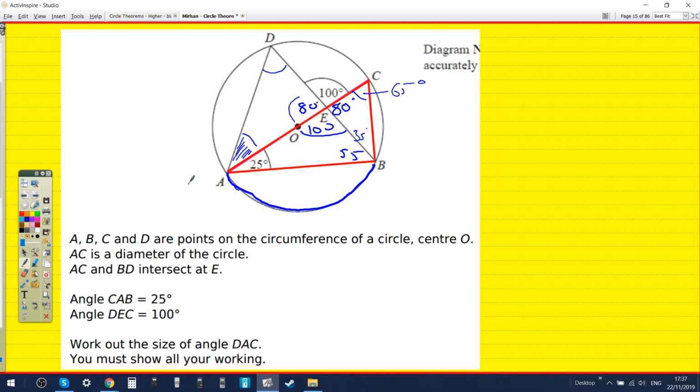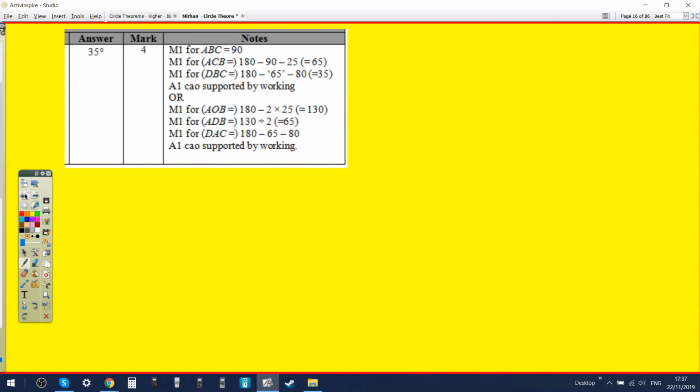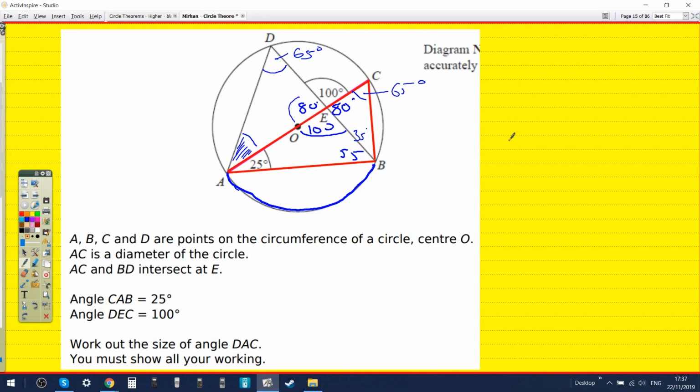Could it be that angle D is also 65? Yes. Okay. They're both subtended on the same arc. So now we have D. And so 80 plus 65 is 35.